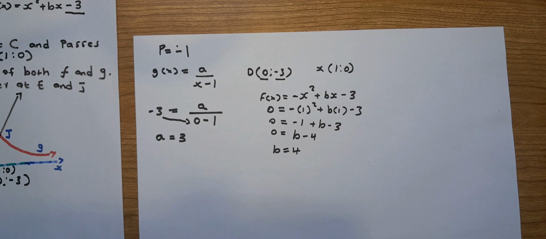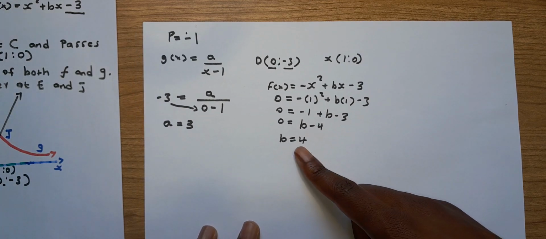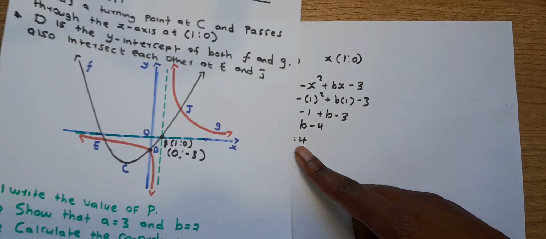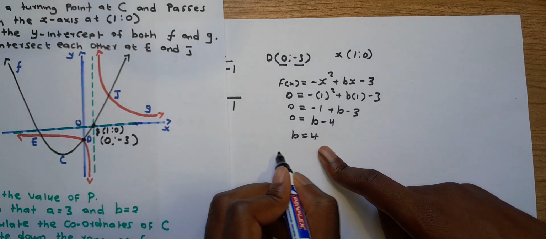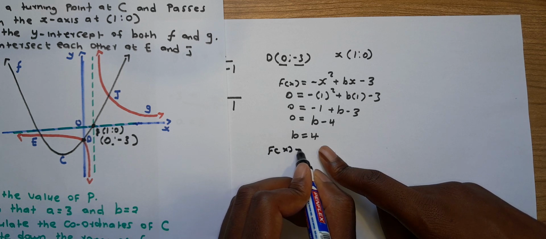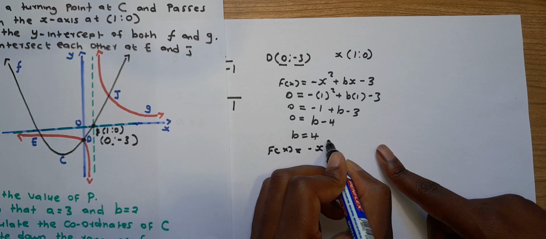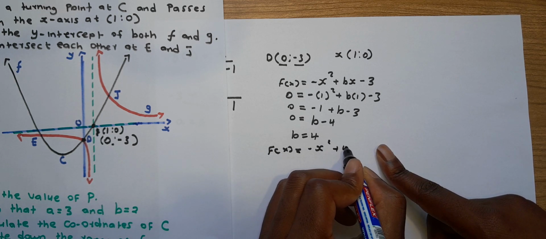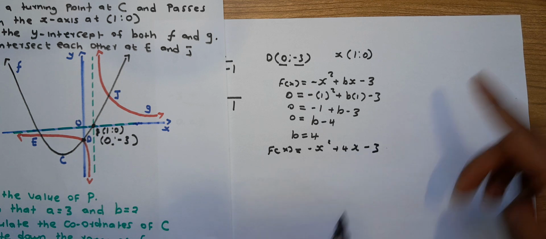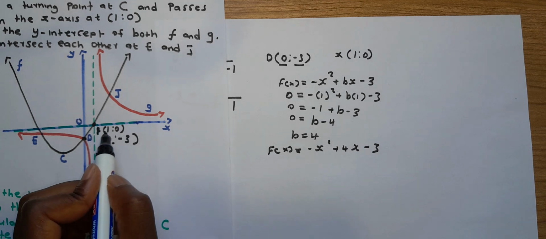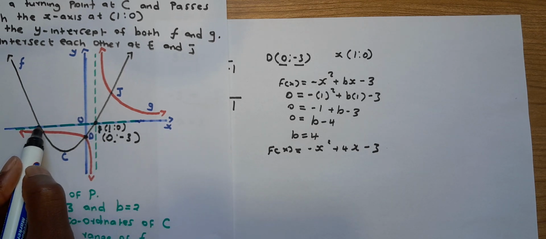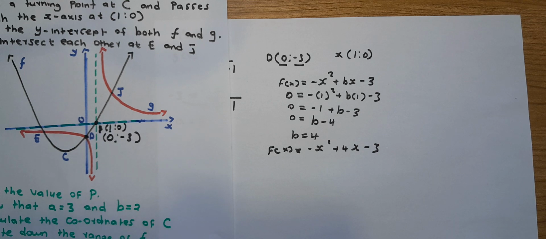Okay, let me check if b equals 4 is still going to find everything working. Because when b equals 4, it means that the function is f at x equals minus x squared plus 4x minus 3. Let me try to solve for x using the quadratic formula and find if the x-intercept is 1 and it is negative somewhere here.